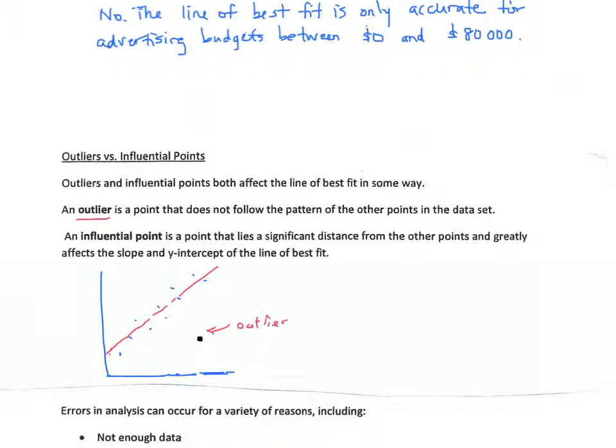Now, there's one other type of point we have to be aware of, and that is another influential point, which is slightly different from an outlier.